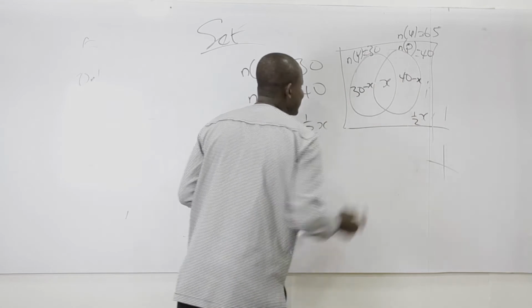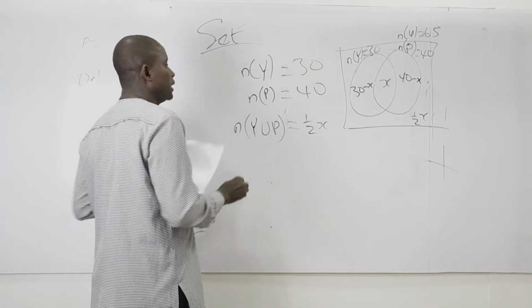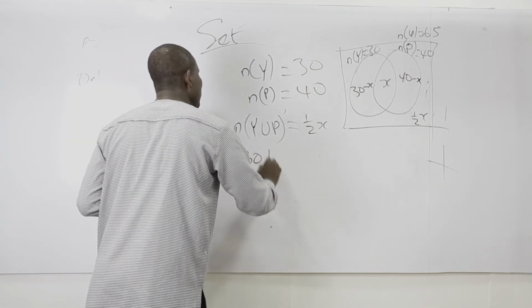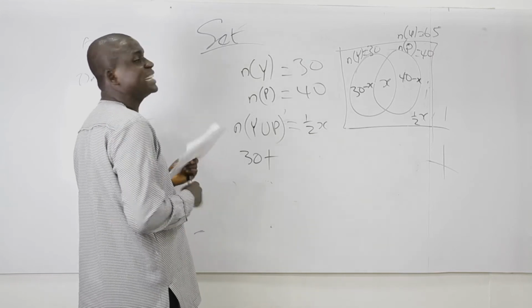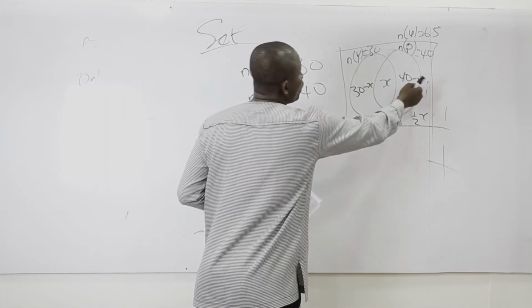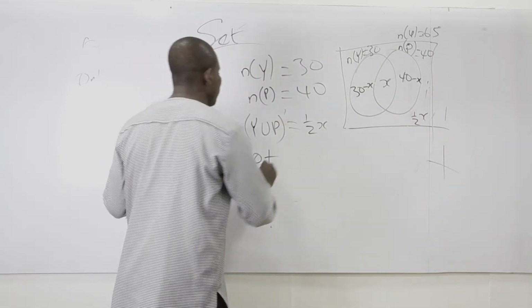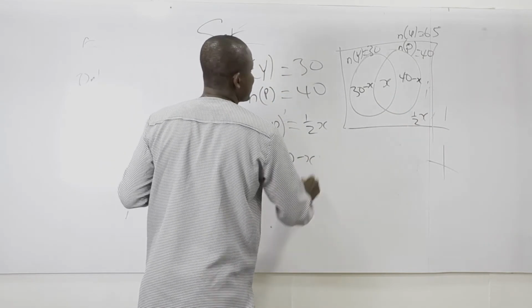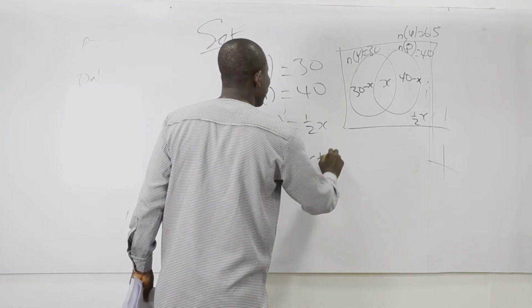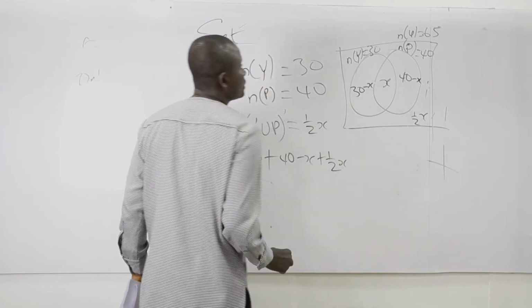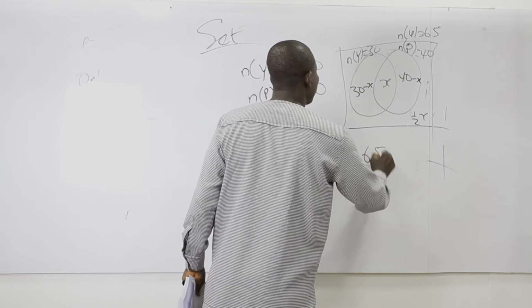The moment I write the 30, take note of this concept very well. I'll just write 30 plus. Once I write the 30, I'll not write anything inside the 30 circle again. Those left outside the circle, but still within the circles, is 40 minus x. Then plus 1 over 2x is equal to 65.